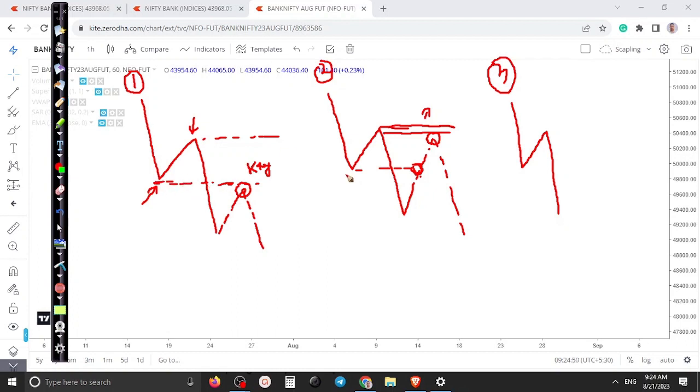Second, price pulled back near this level, called the supply zone. Now, here, in the third strategy, neither does price go near this lower point, nor does it reach the level where we say supply zone.